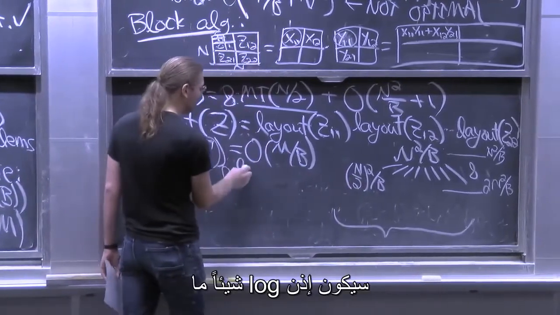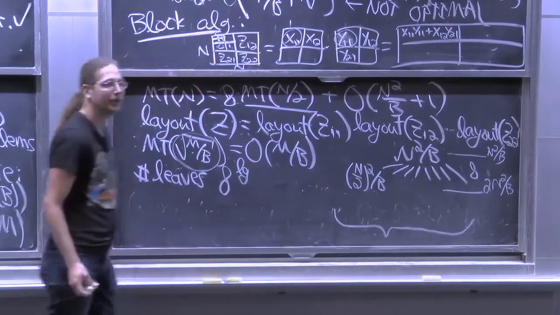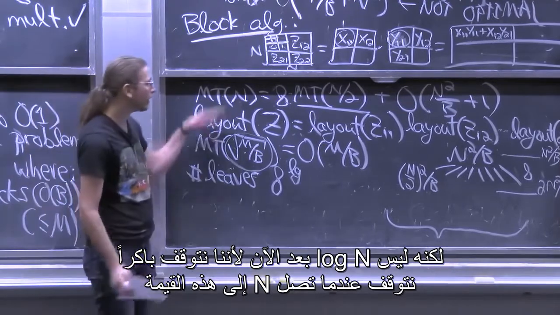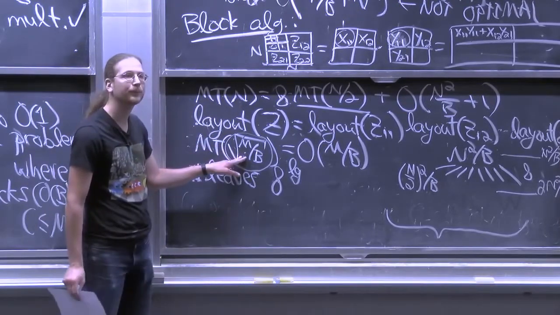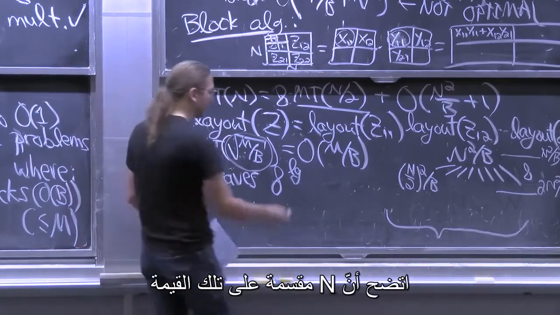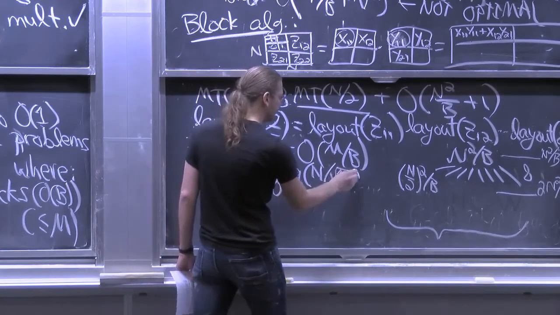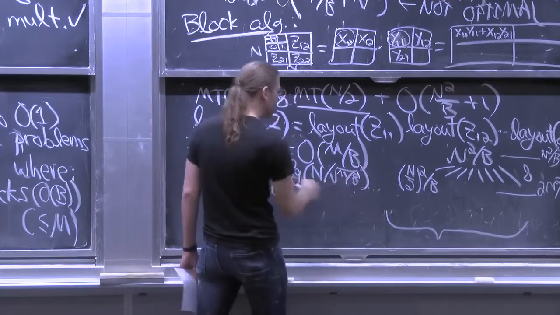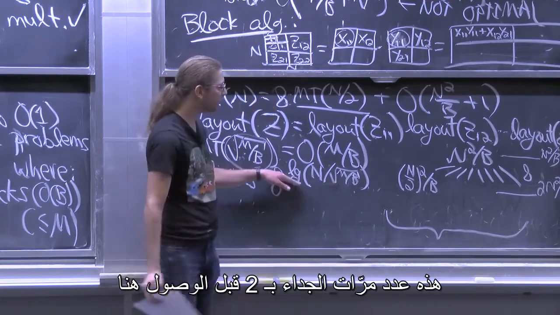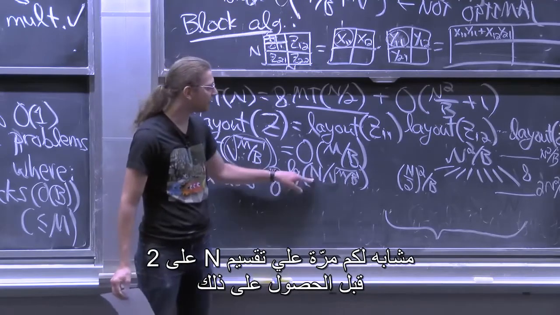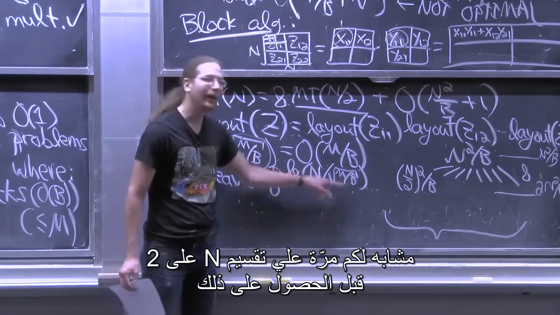So it's going to be log of something. But it's no longer log n because we're stopping early. We're stopping when n reaches this value. So it turns out that is n divided by that value. This is how many times do I have to multiply by 2 before I get to this, which is the same thing as how many times do I have to divide n by 2 before I get that.